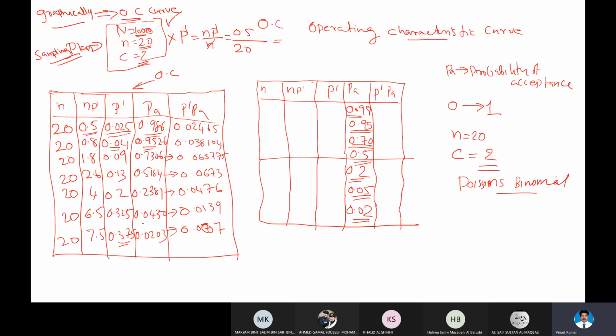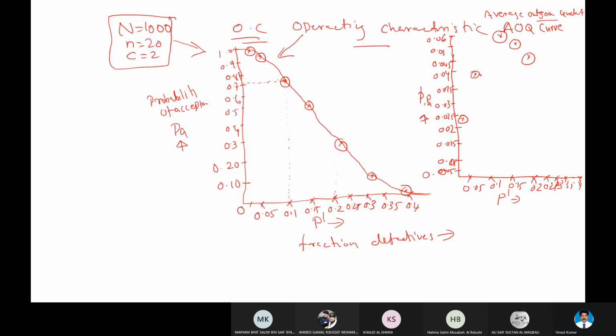What is next one? 0.3 and 0.13. And 0.13 somewhere here. So what you will get, see here, if you join them, you can find something like this, the curve. Have you seen it?